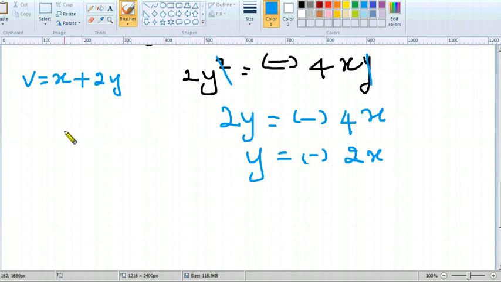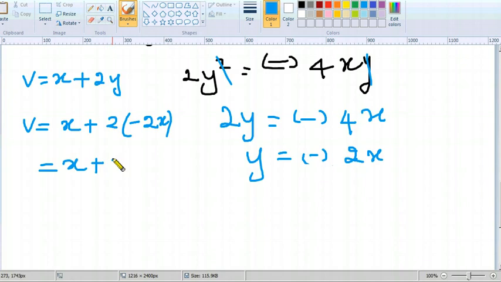We substitute this y here: x plus 2 times y means minus 2 times x, then x plus minus 4 times x. How much? x minus 4x, then minus 3x.